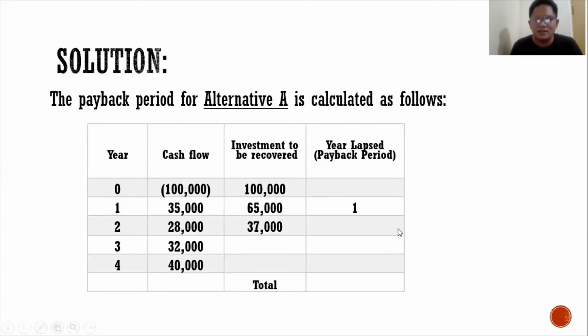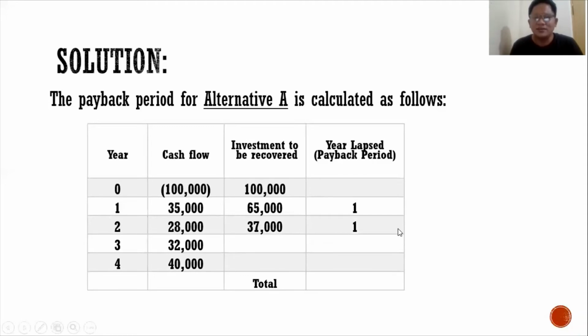Then you put another year under the payback period, as another year has lapsed. For year 3, we do the same thing. Its previous balance, which is 37,000, minus this year's cash inflow of 32,000. So the amount to be recovered now is 5,000.